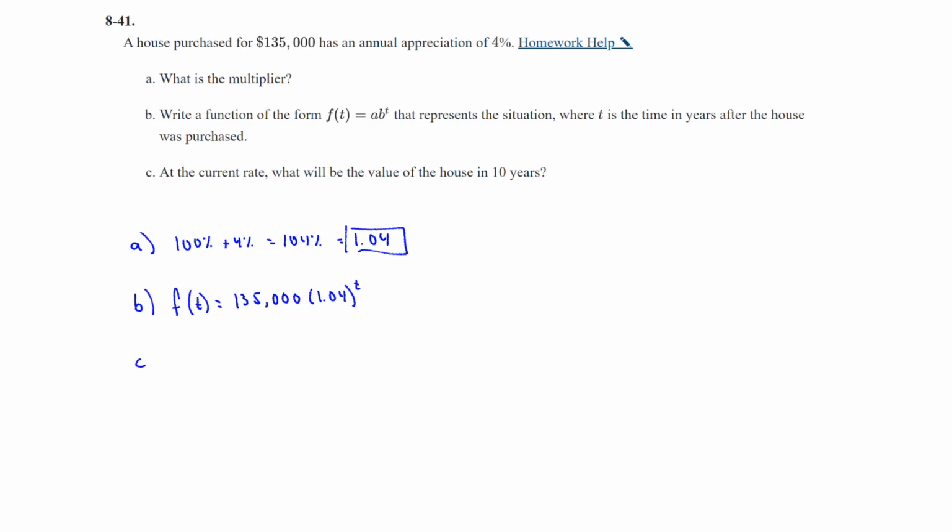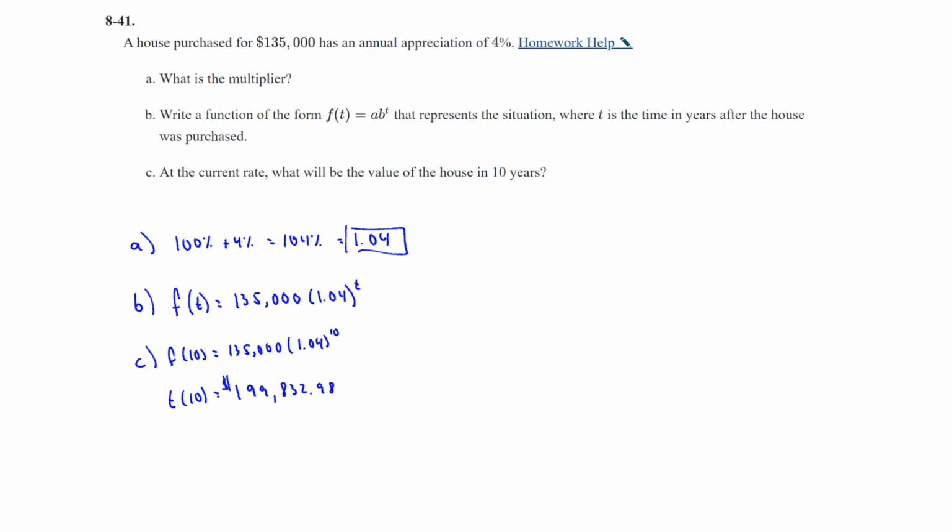Part C, at the current rate, what will be the value of the house in 10 years? Well, now that we have our equation, we can just plug in 10 for our time, and that will give us how much the value of the house will be in 10 years, and that will be $199,832.98, and that is in dollars.